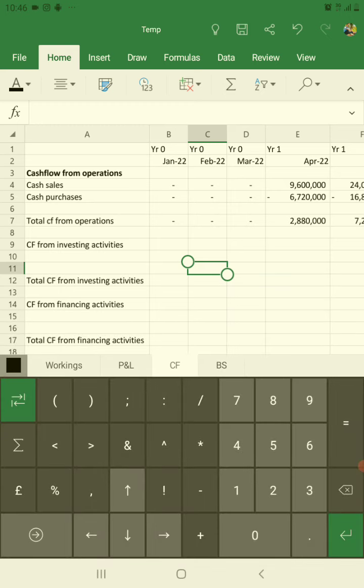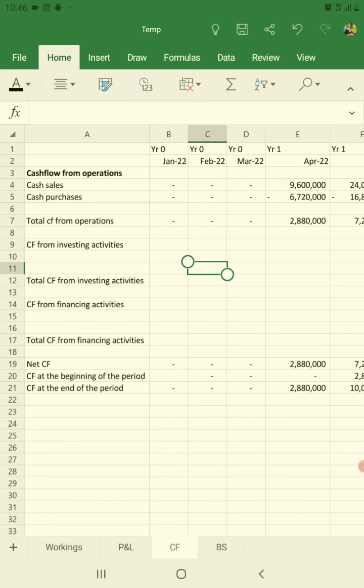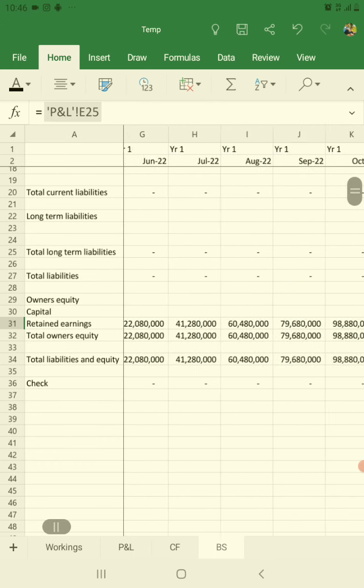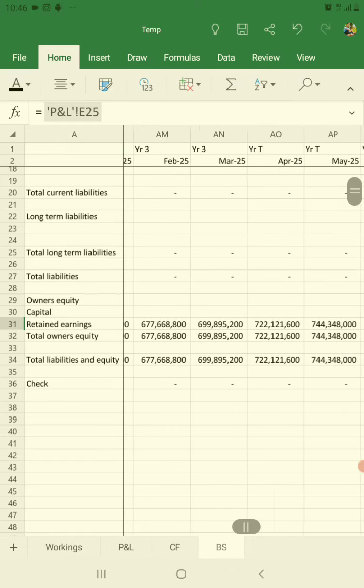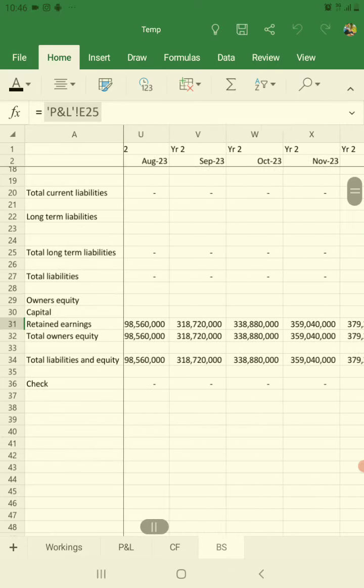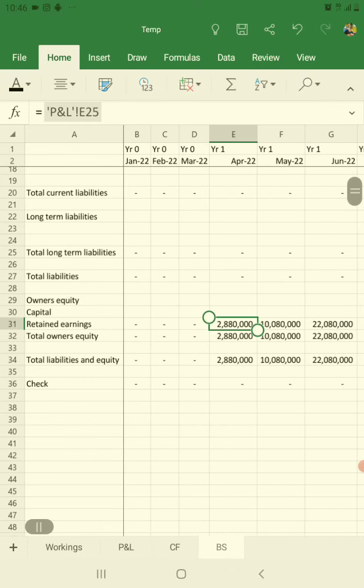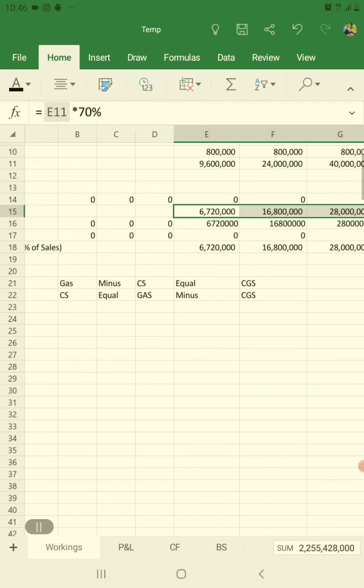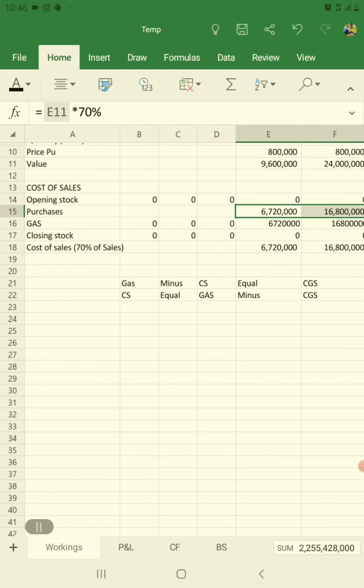And after doing that, we can go and check our balance sheet to see if it still balances. Yeah, check. You see the check is still 0, so our balance sheet has balanced. There is nothing that has changed, okay? But the changes are coming now with the new introductions that I'm going to do here, okay?